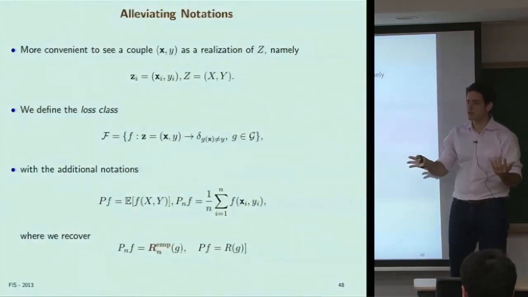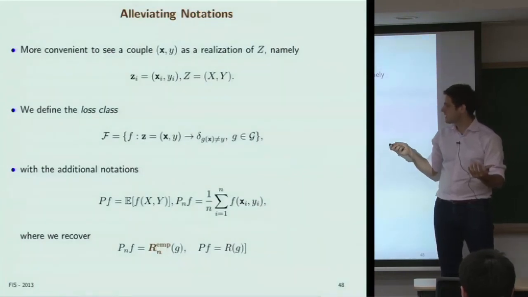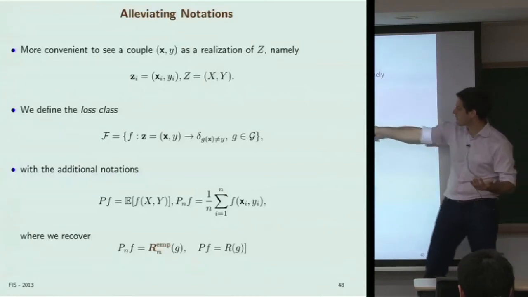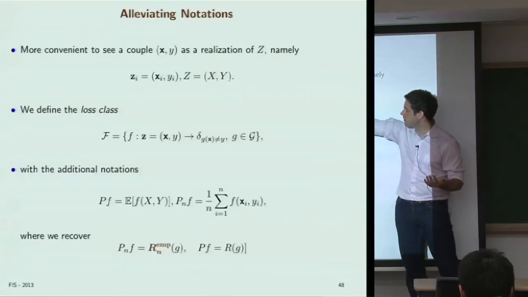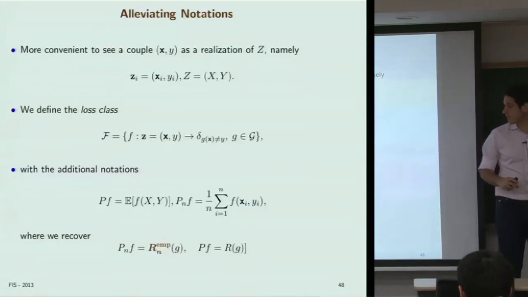So for notation purposes, it's a bit lighter actually to write this couple (x, y) as zi, as z, just as one z. So each observation will be zi = (xi, yi), and the joint variable (x, y) is better written as big Z.